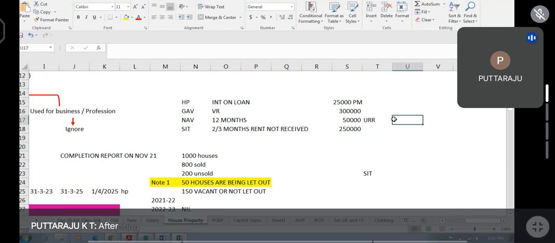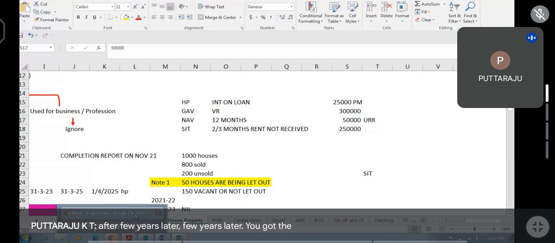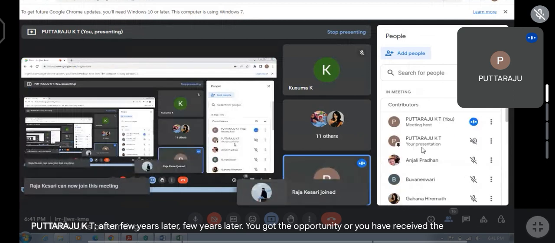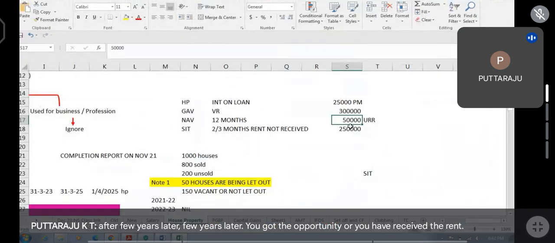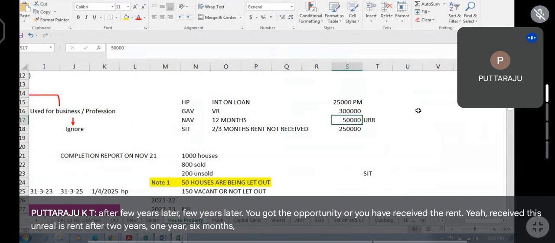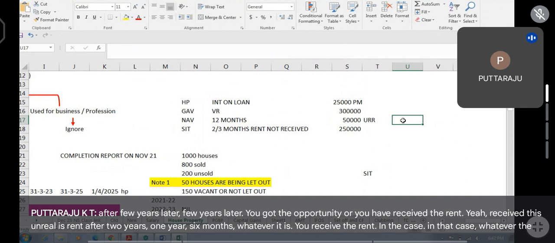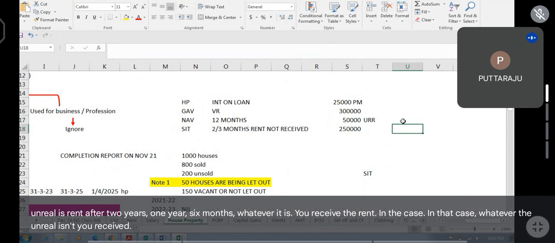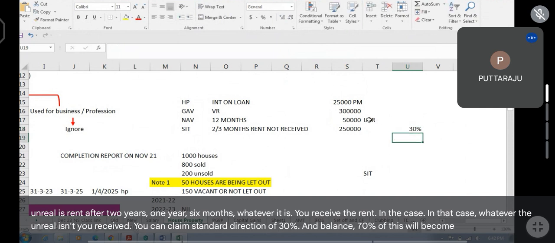After a few years, you got the opportunity or you have received this unrealized rent, after 2 years, 1 year, 6 months, whatever it is. In that case, on whatever unrealized rent you received, you can claim a standard deduction of 30% and the balance 70% will become taxable.